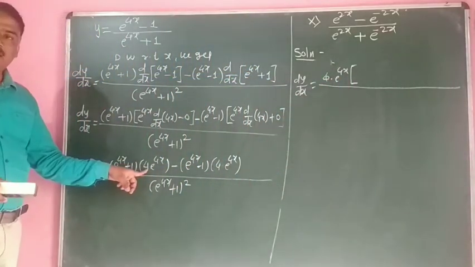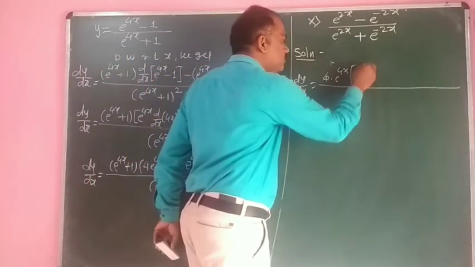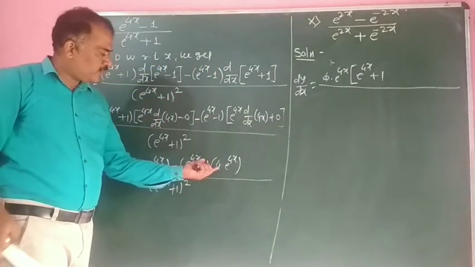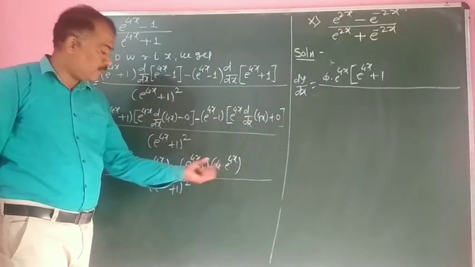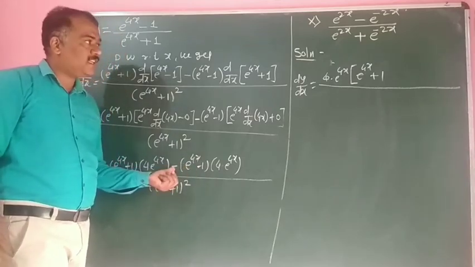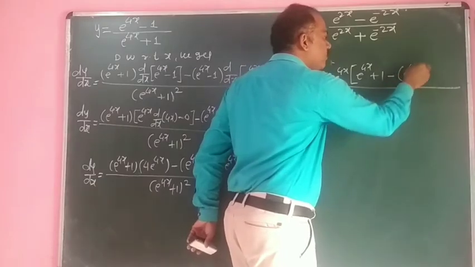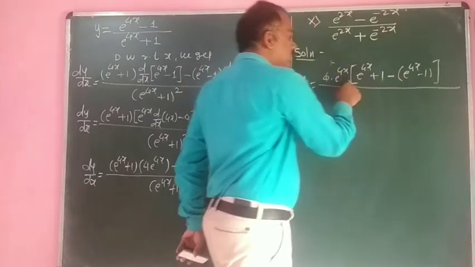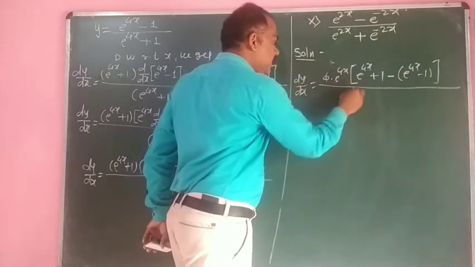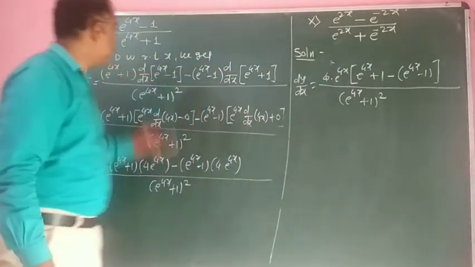From the first factor, the remaining factor is e^(4x) plus 1. From the second term, taking 4e^(4x) common, the factor remains as it is, with a minus sign outside, so we write minus e^(4x) minus 1, bracket open here, close here, divided by (e^(4x) plus 1) squared.